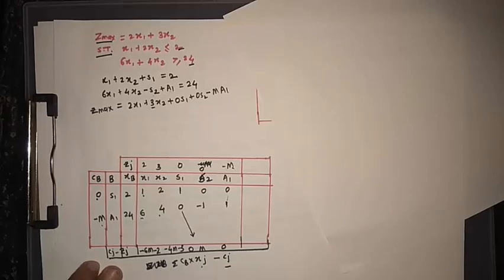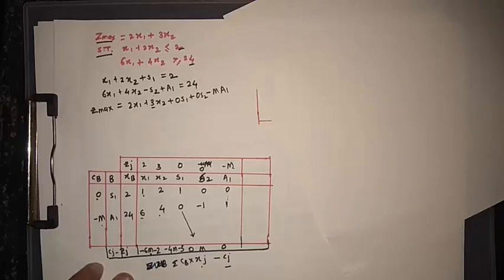Now next step is for the maximization problem. We have to select the most negative value for finding the key column. So how do we calculate the most negative value? Instead of M, I put here 1, or any positive number.